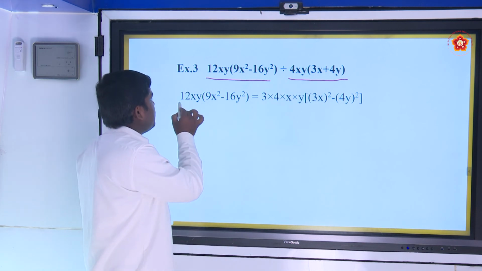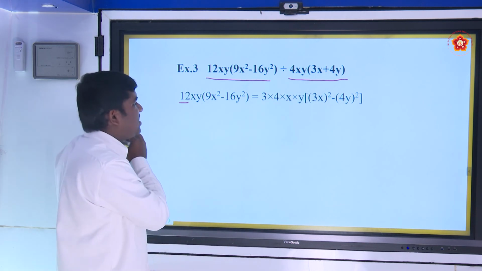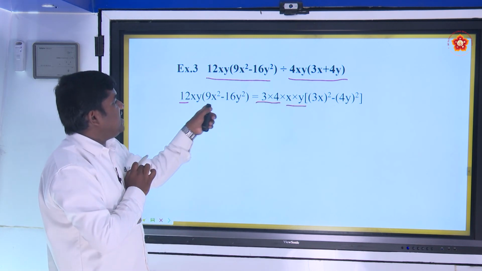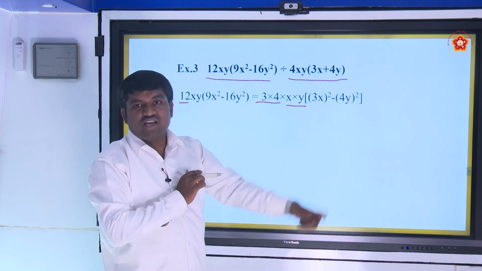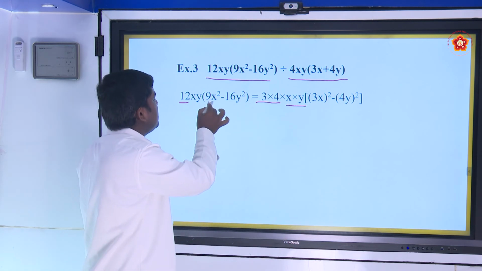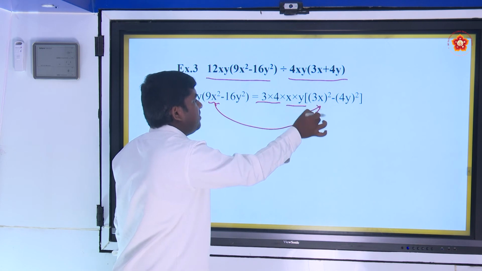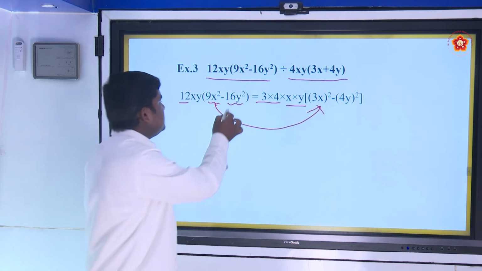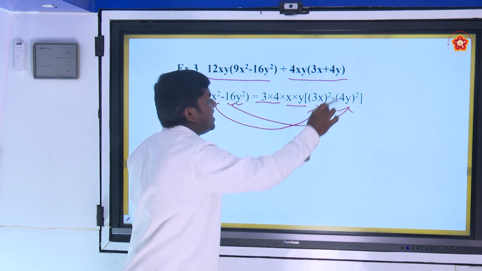The prime factors of 12 are 3 into 4, x into y as it is, into 9x square. 9x square can be written as (3x) whole square, minus 16y square can be written as (4y) whole square.